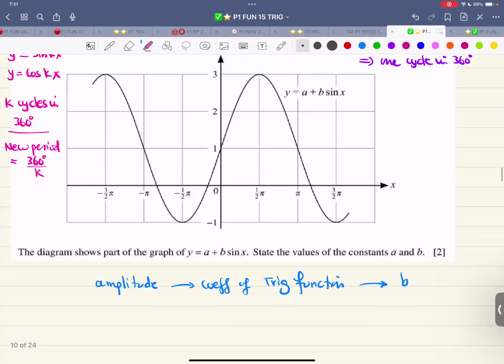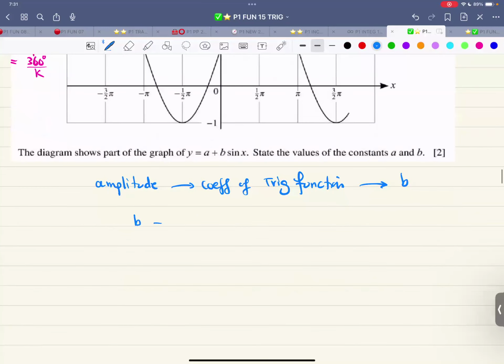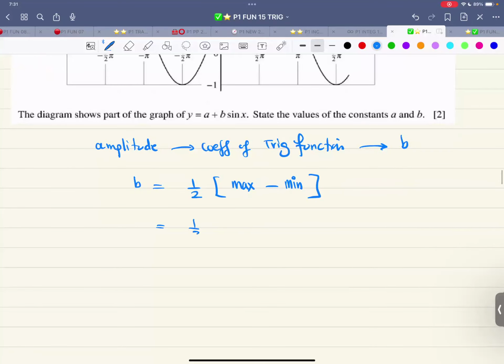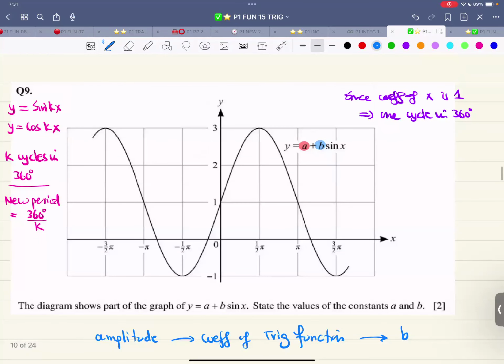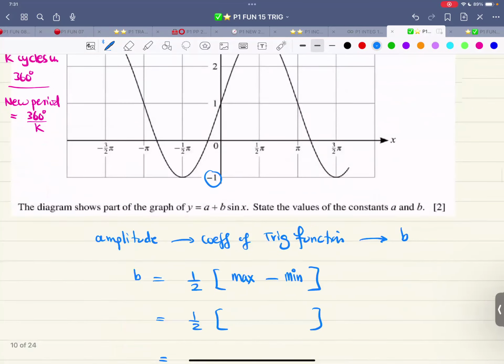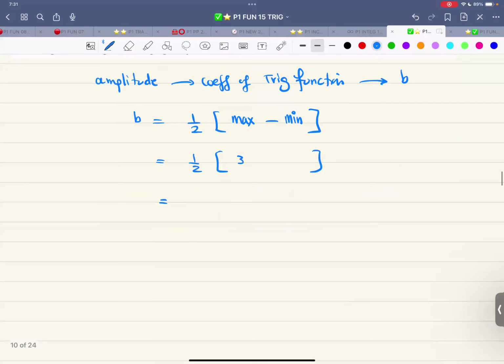So this amplitude b is half the difference between the maximum and minimum value. The big value is 3. The small value is negative 1. So this is 3 minus minus 1, which is 4 over 2, which comes out to be 2.